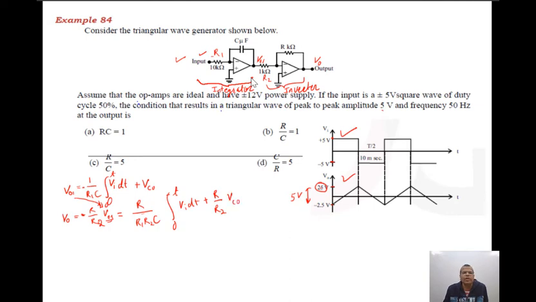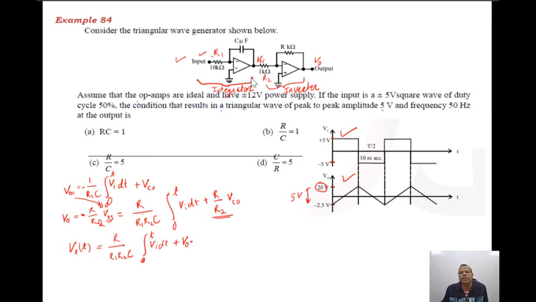So the output as a function of time, I am just repeating that equation, is equal to R by R1 R2 into C, integration 0 to t of the input voltage Vi dt, plus the initial output voltage due to the capacitor.